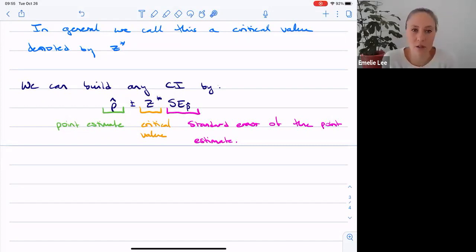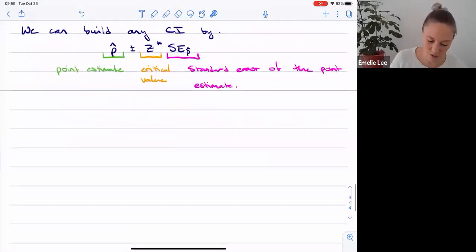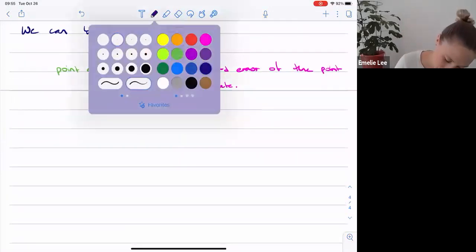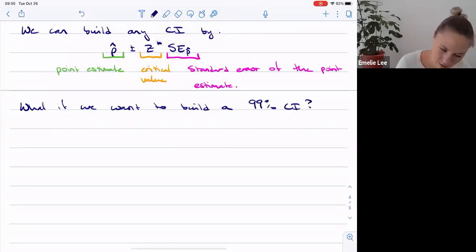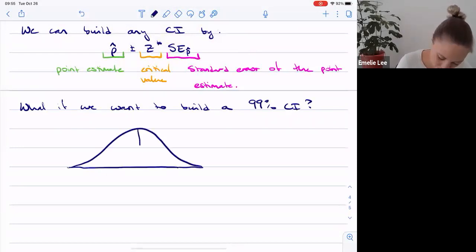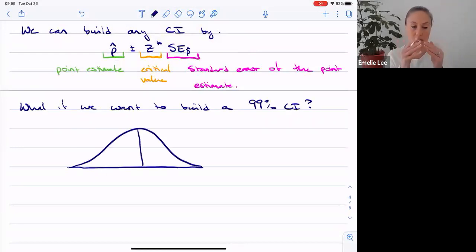Okay, here we go again. What if we want to build a 99% confidence interval? Same idea. Knowing that we're pulling from a normal distribution, we can bring that back to a Z, which is centered on 0.